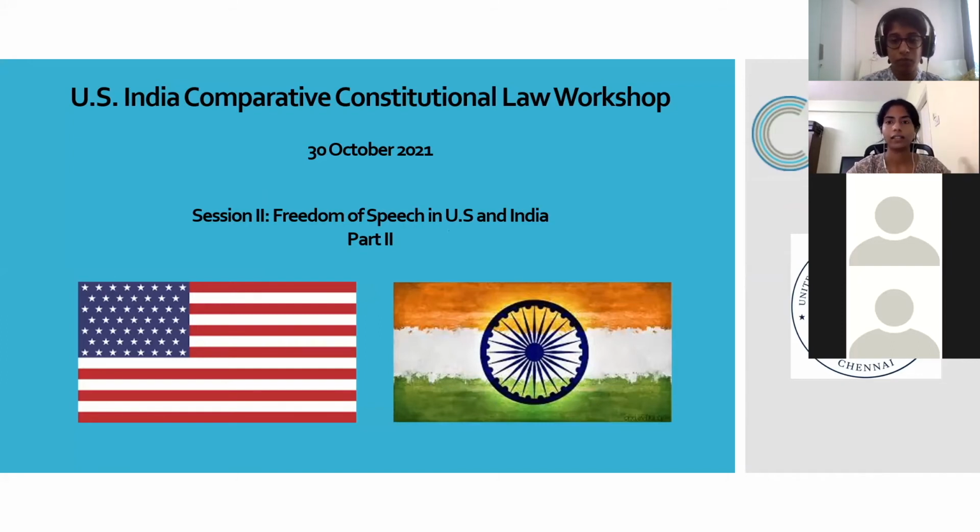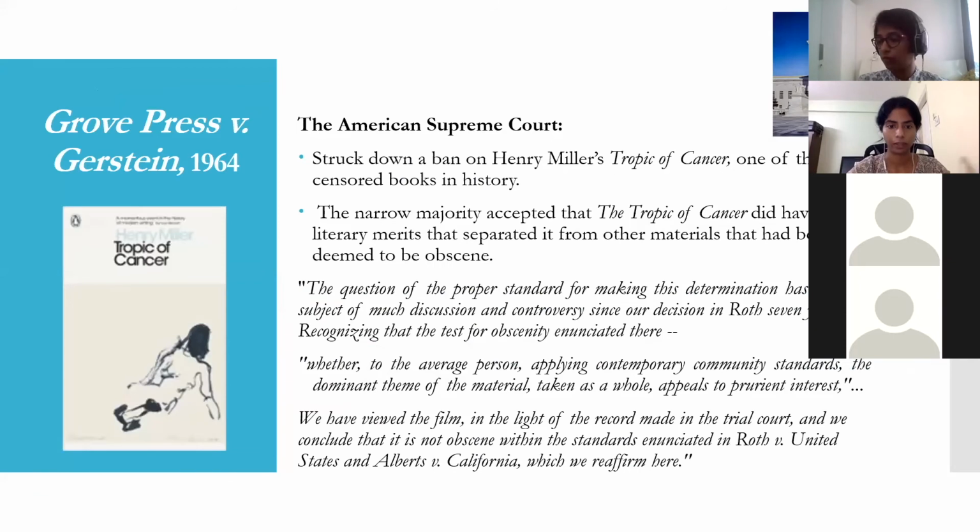The first case we will be looking at is Grove Press v. Gerstein, a 1964 case. In it, the court is looking at a ban on a book titled Tropic of Cancer by Henry Miller. It is one of the most censored books in history because of the sexually explicit content in the book itself.